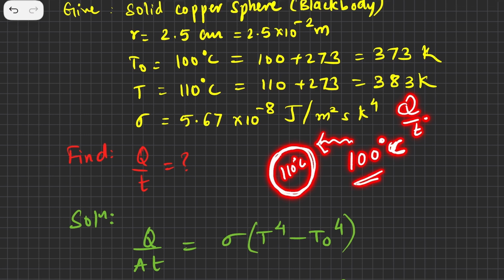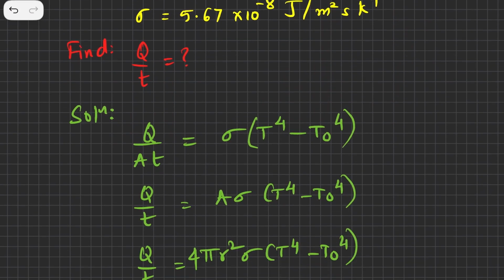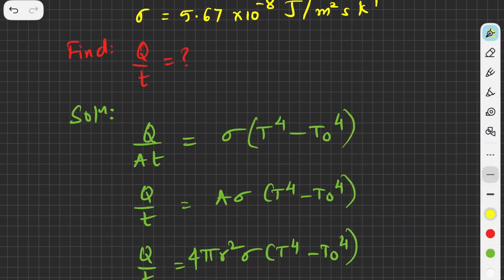Because the surrounding is at a lower temperature, there is a tendency that the ball is going to cool down and the temperature is going to drop. But if we keep on supplying the energy continuously, then this ball is going to be maintained at 110 degrees Celsius. So we are supposed to find out Q by T, that is the amount of heat energy per unit time. Here we are going to apply Stefan's law.